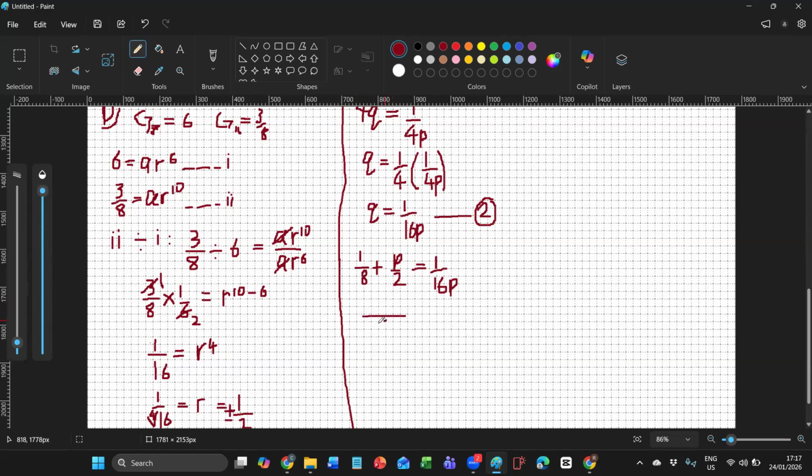Our LCM is 8. 8 in 8 is 1, 1 times 1 is 1, plus 2 in 8 is 4, 4 times P is 4P. Okay, let's keep working with it.